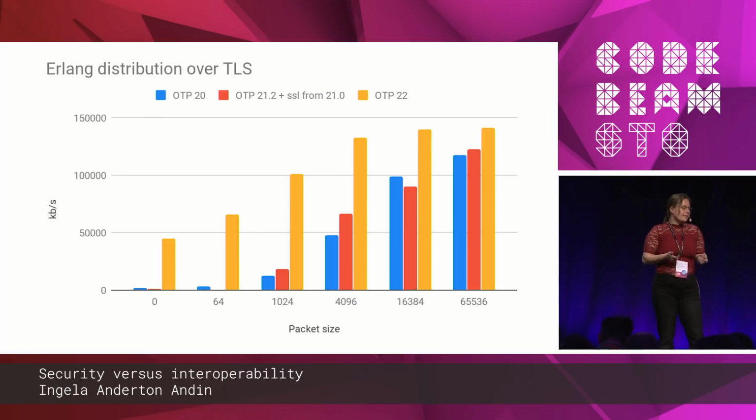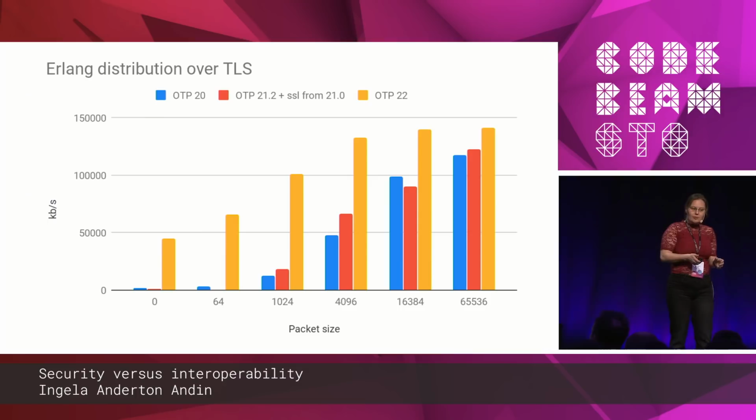So the biggest issue is with small packets, which is very common when you run Erlang distribution. You can see that for small packets the throughput has gone up quite a lot. And most optimizations are present in OTP 21. We did things like use active N internally instead of active once.